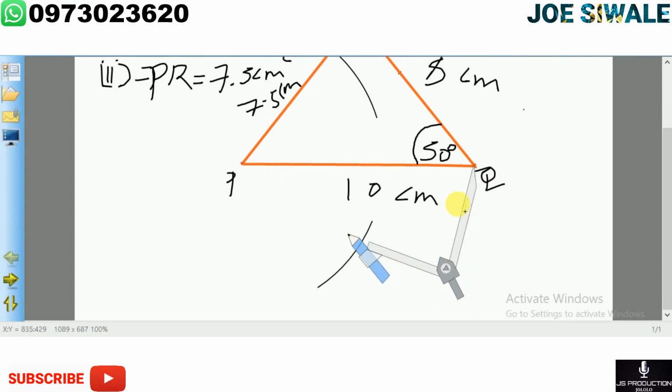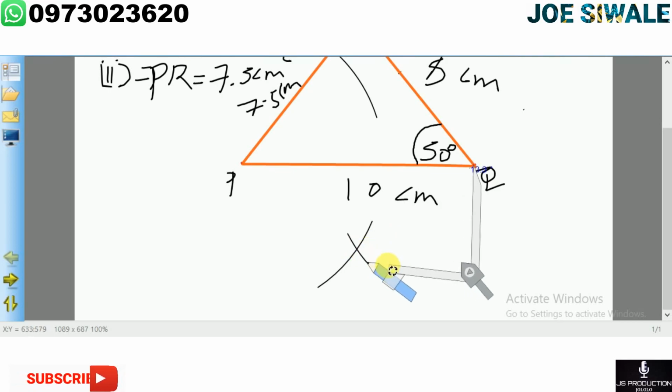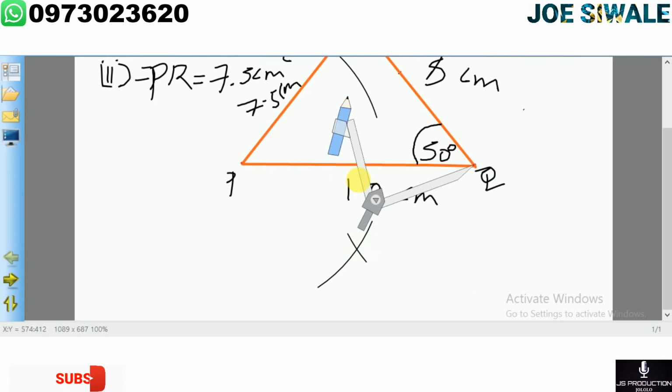Then I'll draw an arc from point Q to touch the previous arc that I'd drawn at point P, that was at the bottom. Then I'll draw another arc above to cut the previous arc that I had drawn from point Q, which I had drawn above.